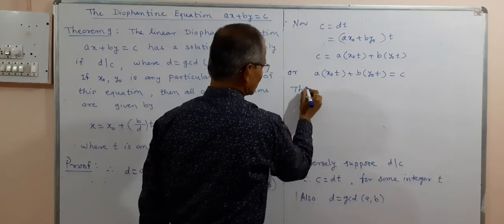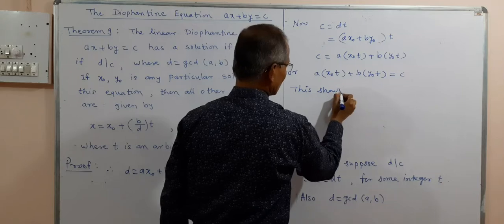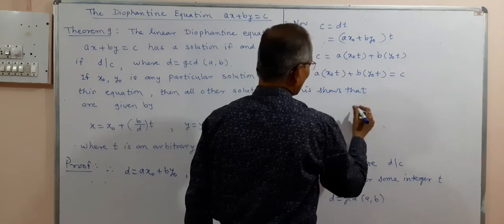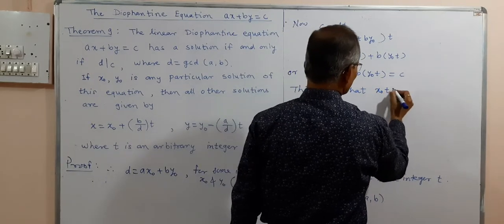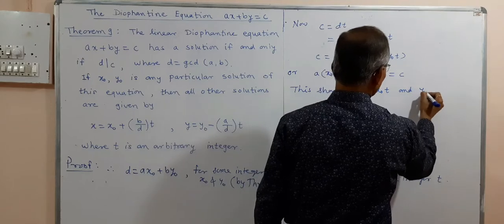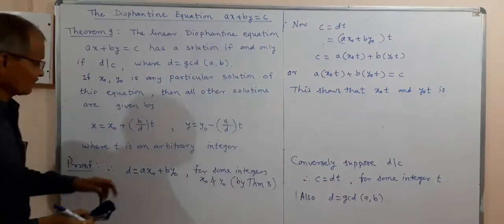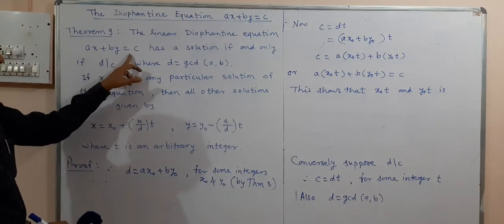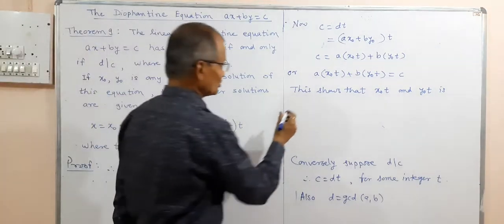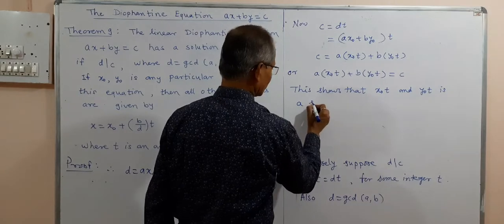So this shows that x naught t and y naught t is a solution because it satisfies this equation ax plus by is equal to c, a solution of equation 1.